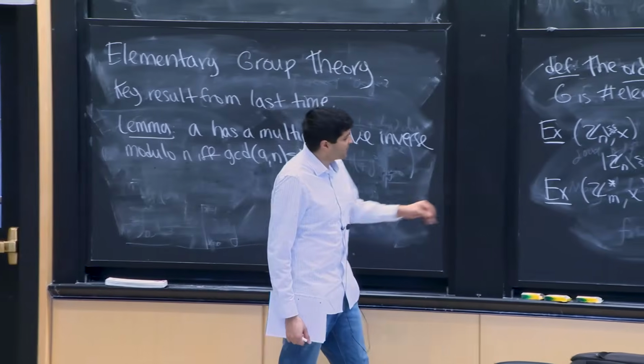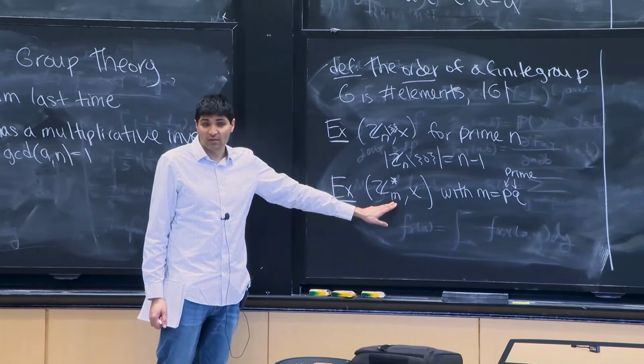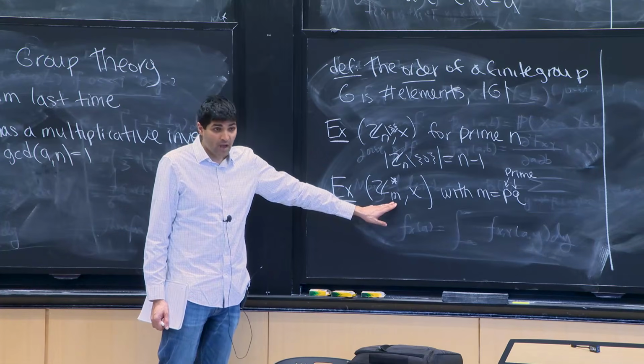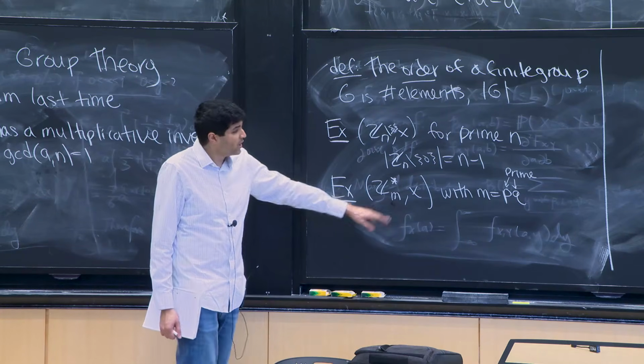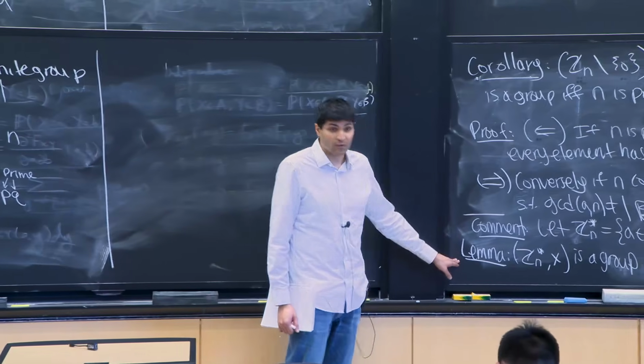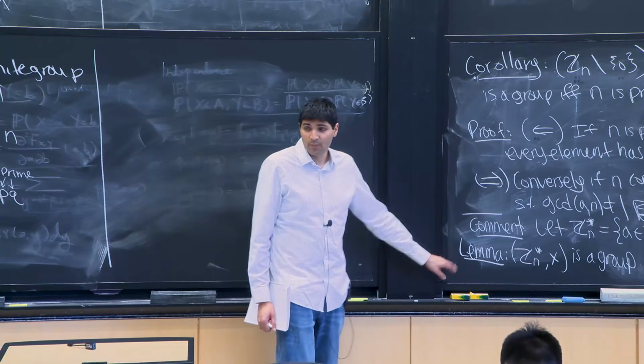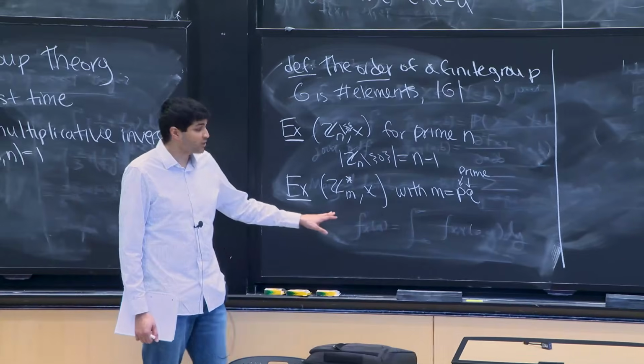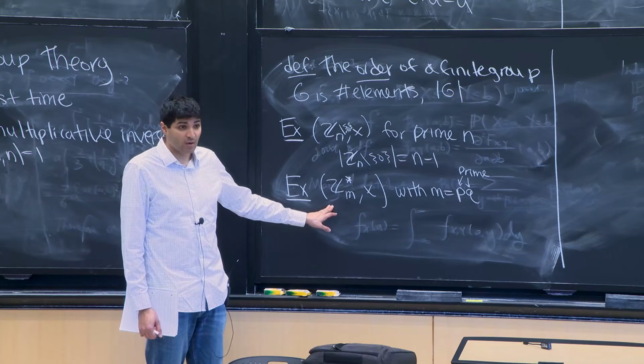So this is one simple example. M is composite, so Zm minus 0 is not a group. But if we only look at the set of elements that have a multiplicative inverse, we know that it's a group. The question is, what's the order of this group? How many elements are actually in the set Zm star?